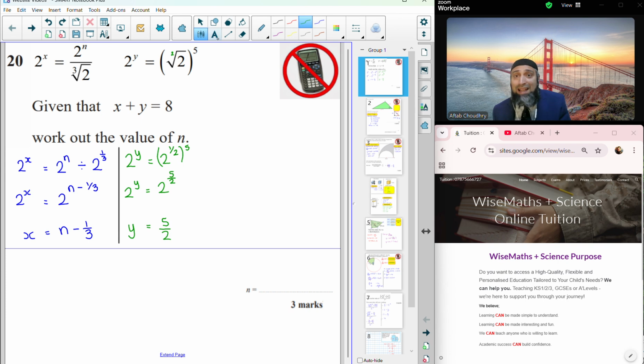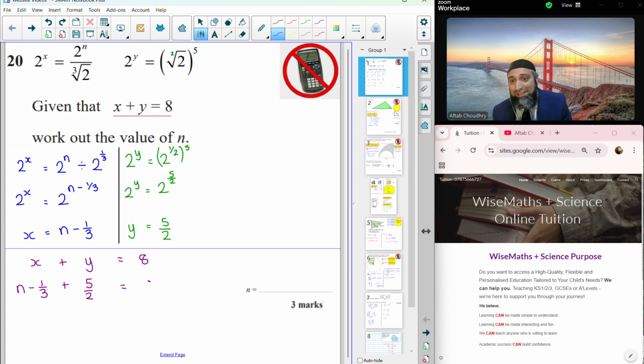Now, we've been told that x plus y is equal to 8. So let's use this key fact. x plus y is equal to 8. Well, we know what x is now. x is n minus a third, and the value of y is 5 over 2.